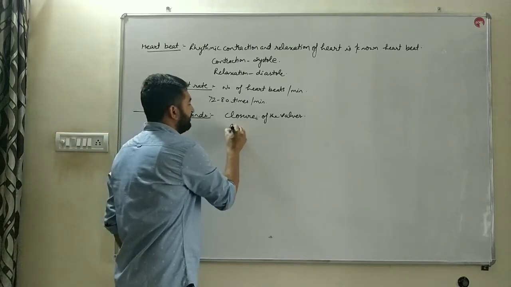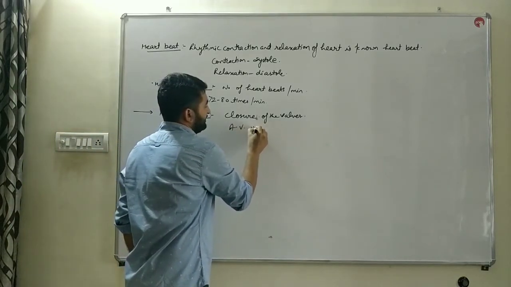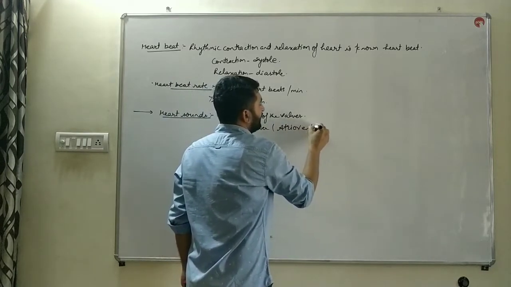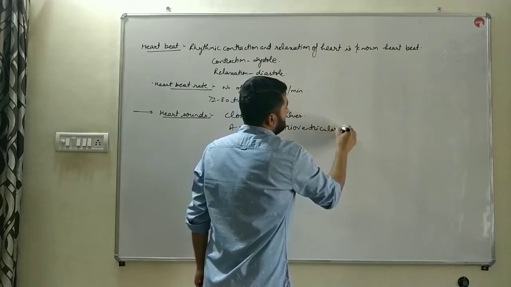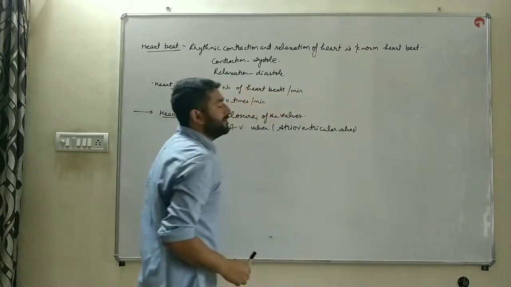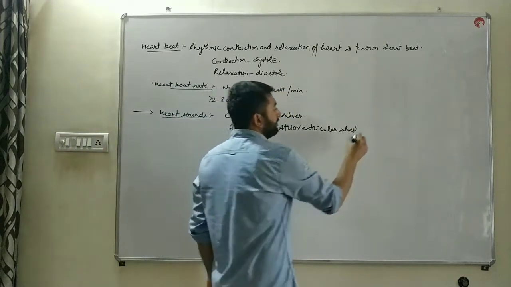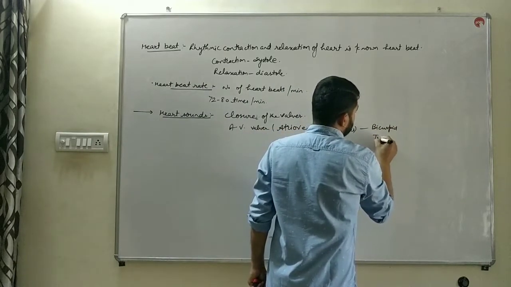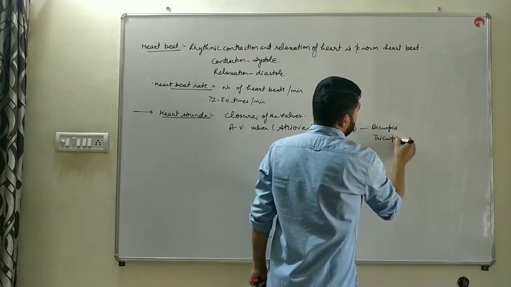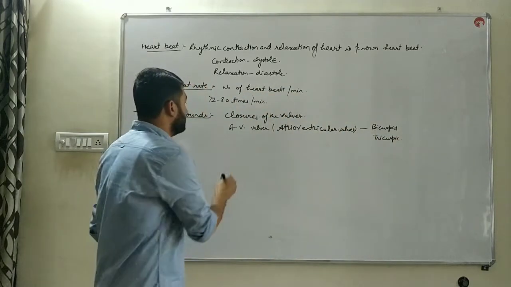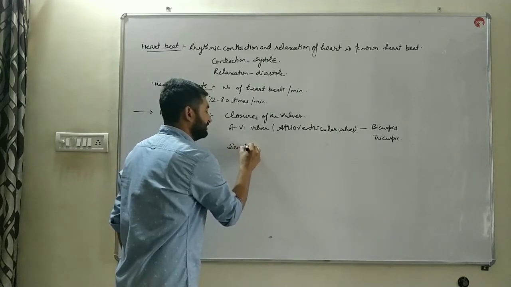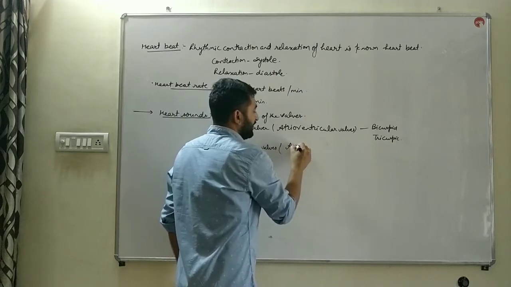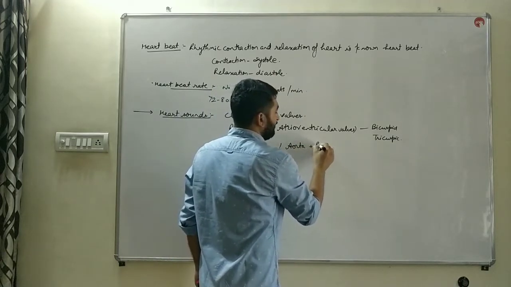One is AV valves, that is atrioventricular valves, the valves present between the atrium and ventricle. The valves are bicuspid and tricuspid. And the other ones are semilunar valves, the valves which are present in aorta and pulmonary artery.